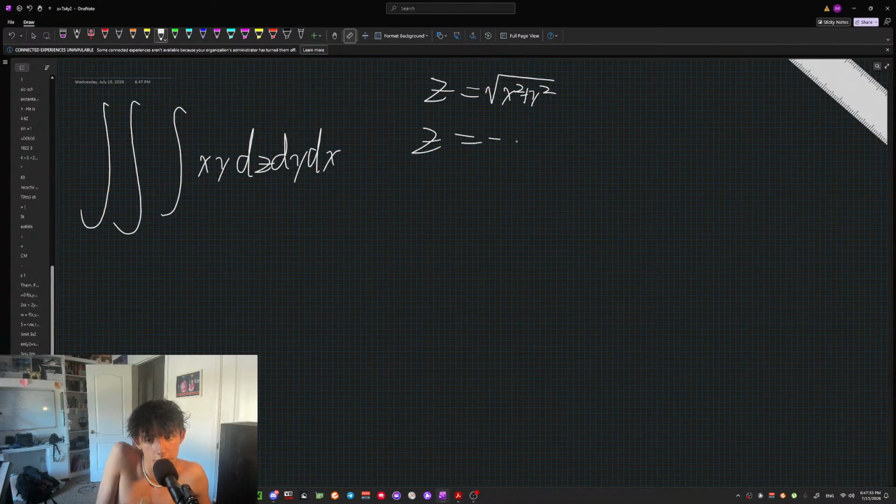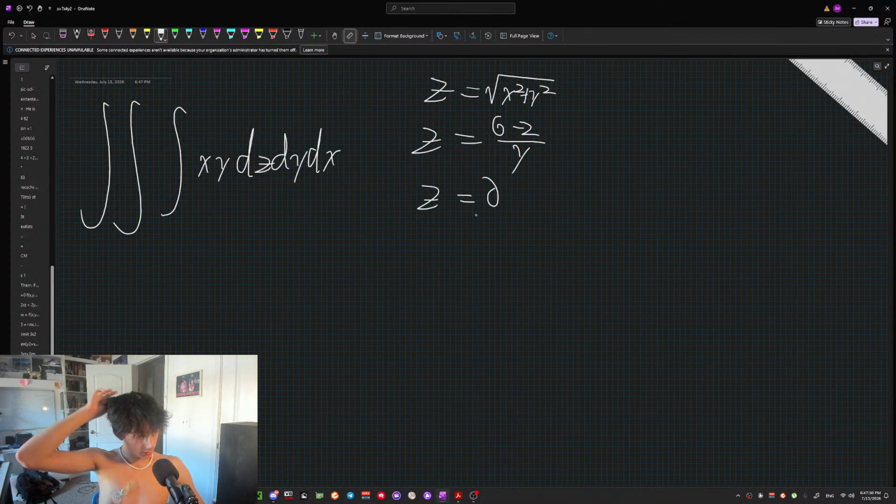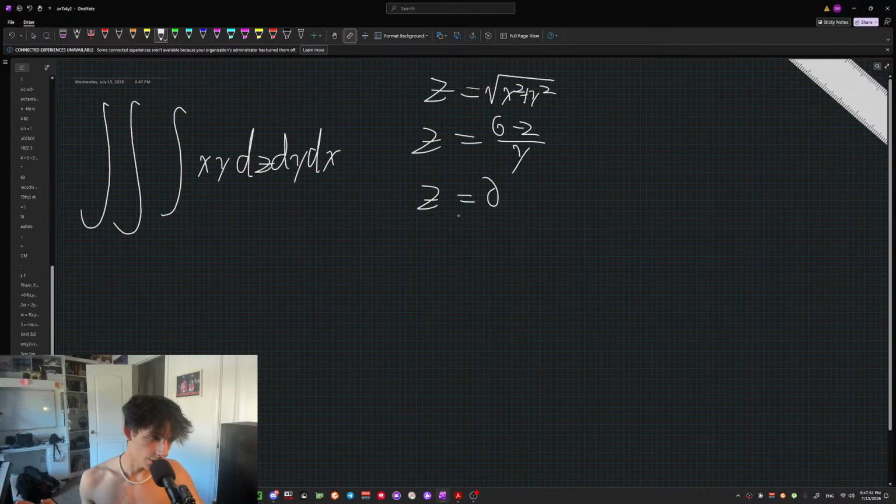Z equals 6 minus Y over 2, and then Z is greater than or equal to 0. I'm just gonna say those are the bounds.